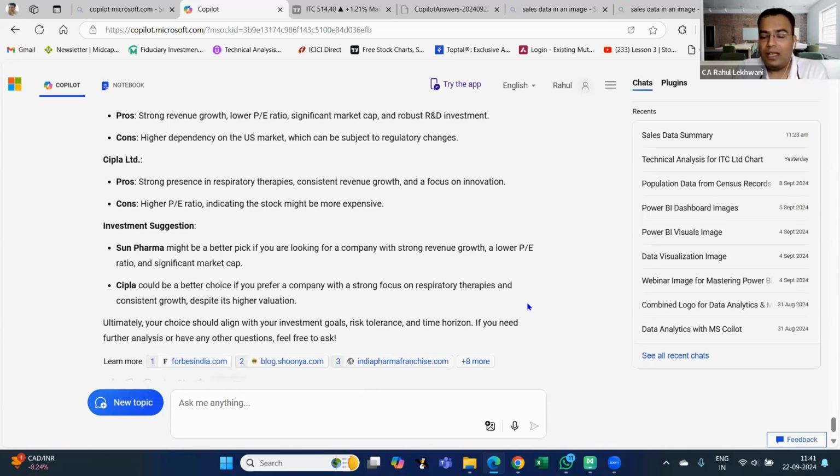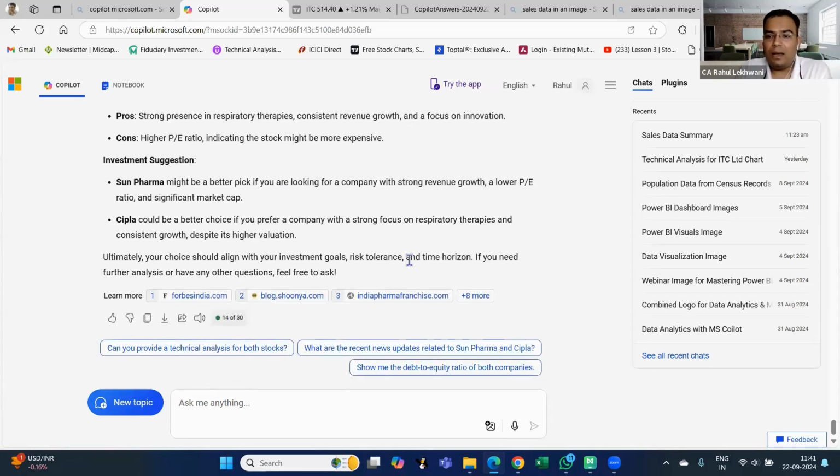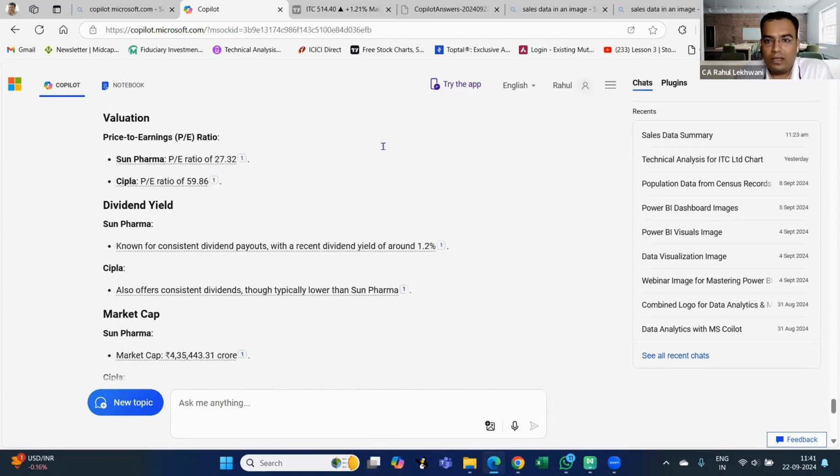Rather than doing that, we should come here and spend maybe a minute or two to understand the company and then invest. If you are into investing, I would strongly suggest you start using these tools. And I think Microsoft Copilot is the best tool that you can use in this space.